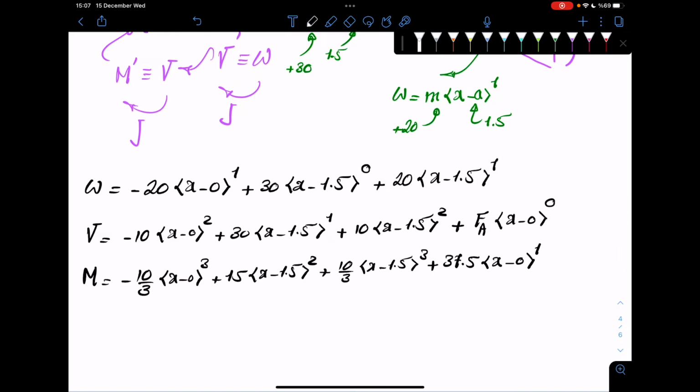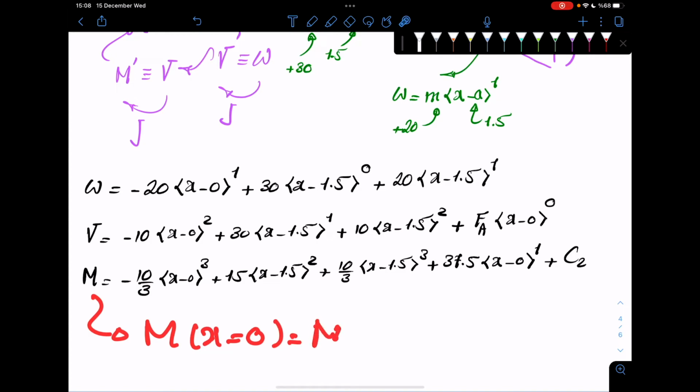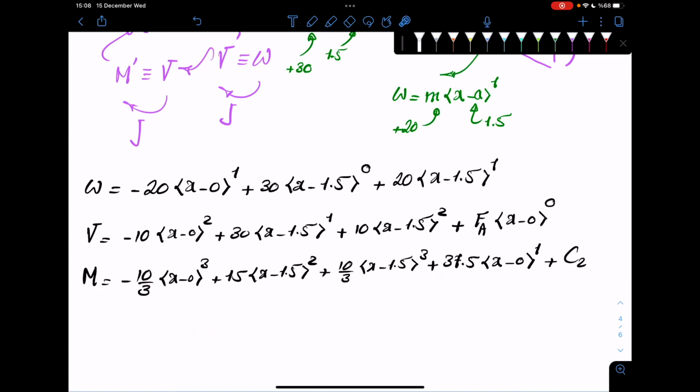All right, and then we add a constant again. Let's say this constant is C2. And then again, we play the same game. What if x is 0? M at x equals 0, we know it, right? We calculated M. At x equals 0, all of these disappear, so this would be your M at x equals 0.